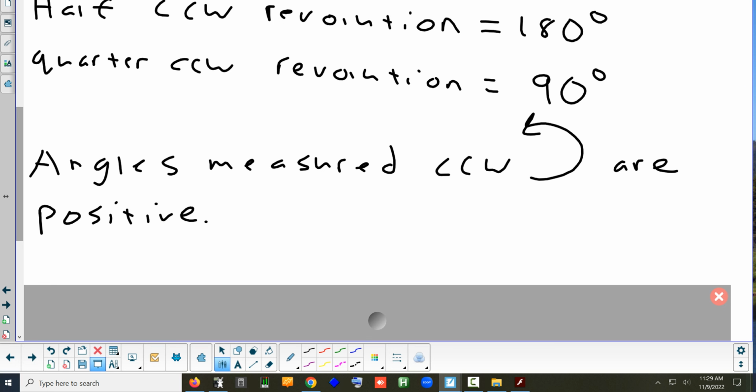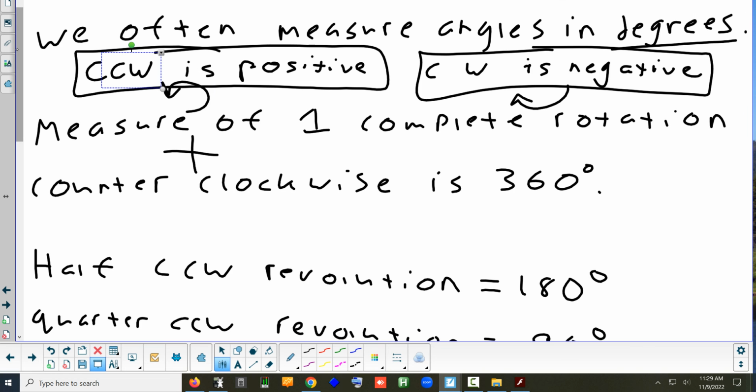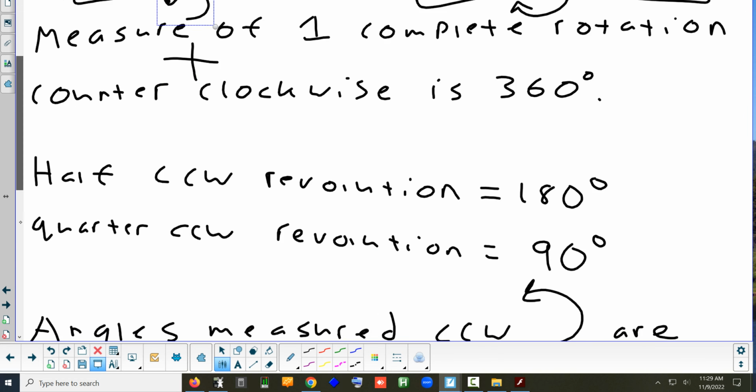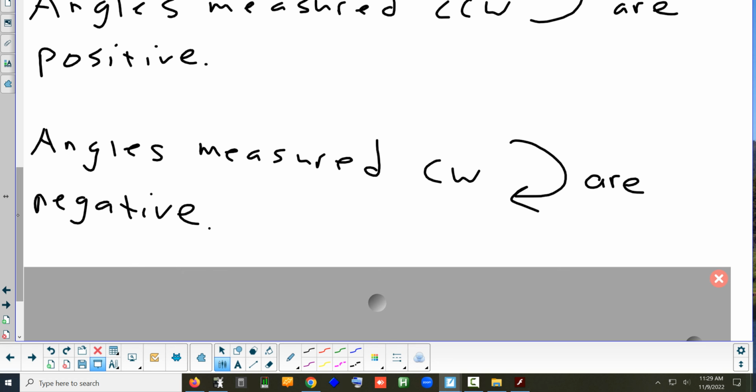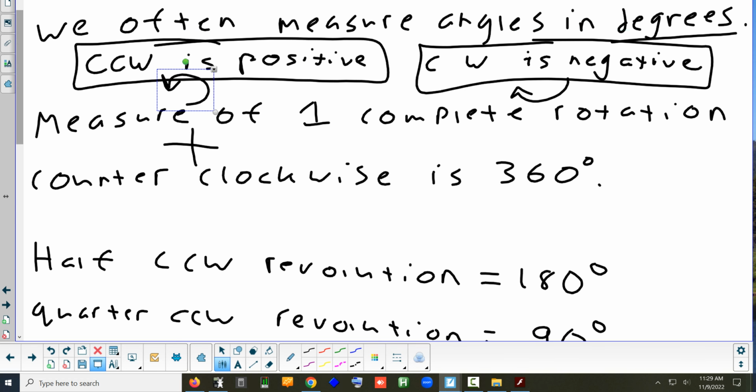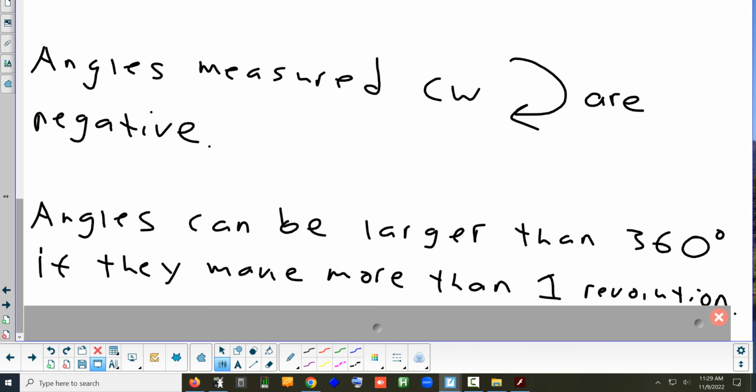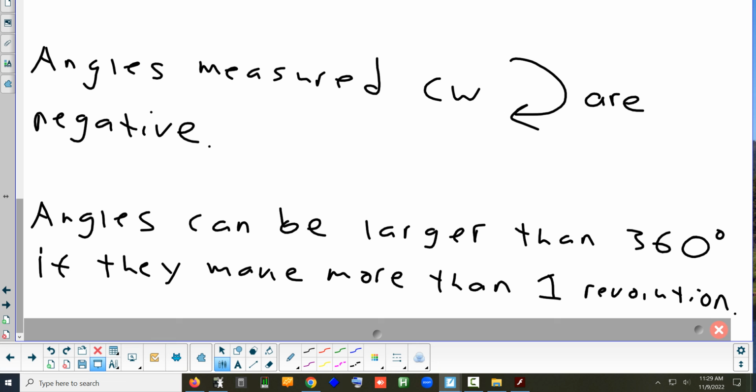So I already said that to you. Angles measured in a counterclockwise direction are positive. So CCW is positive. That's what we had here. And clockwise is negative. That's what we had right there. So angles can get larger than 360.